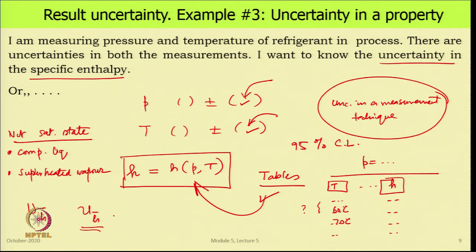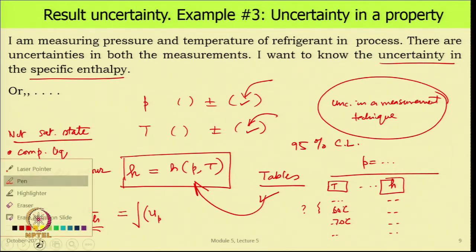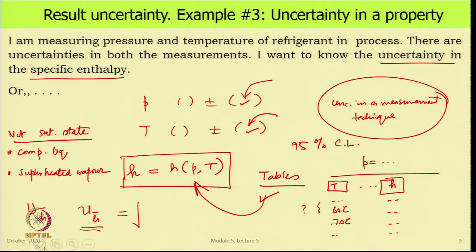That is our objective, and it will come about by saying that this is the square root of theta p times u p squared plus theta t times u t squared, all of that raised to the power half.